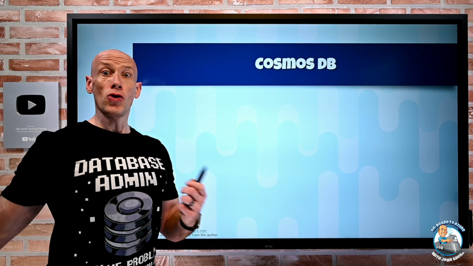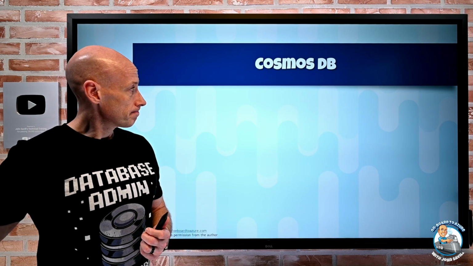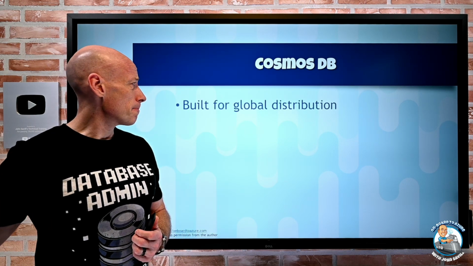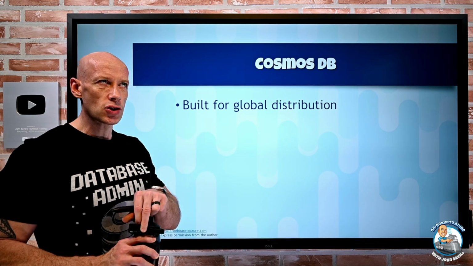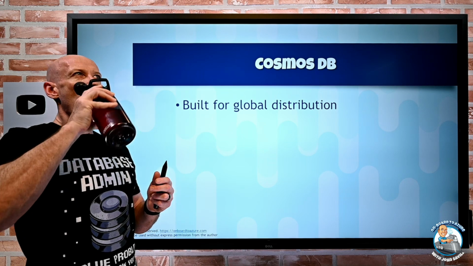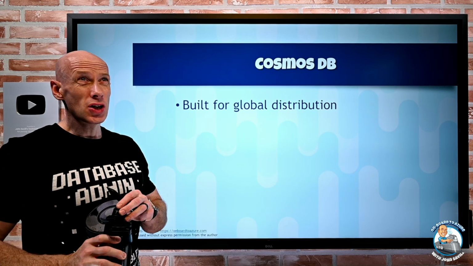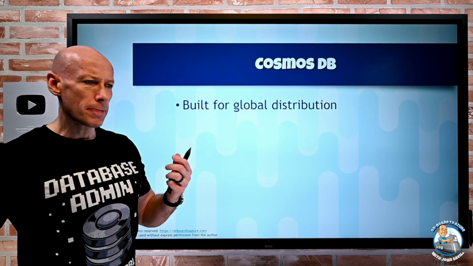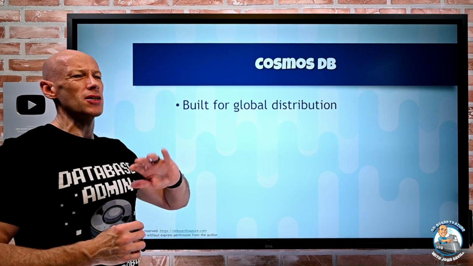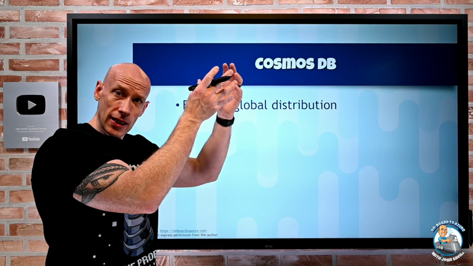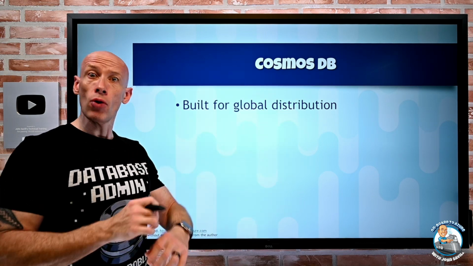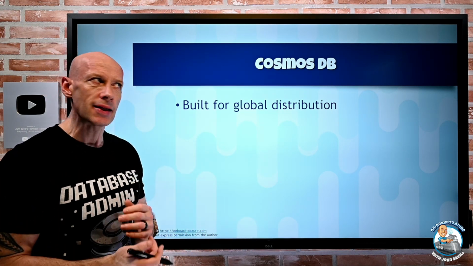What about non-relational? So we have Cosmos DB. This was built from the ground up. So if you look at all of the other solutions, SQL Server, MySQL, Postgres, MariaDB, Cassandra, they existed and they were taken and put in the cloud. And they were optimized for the cloud. There were things added.